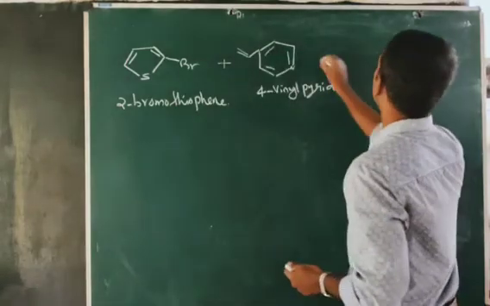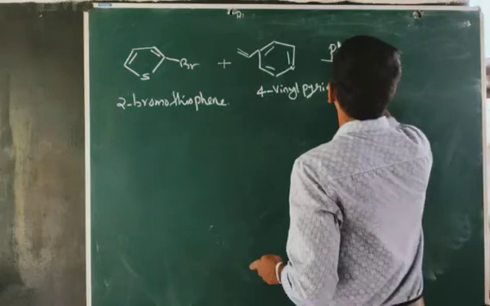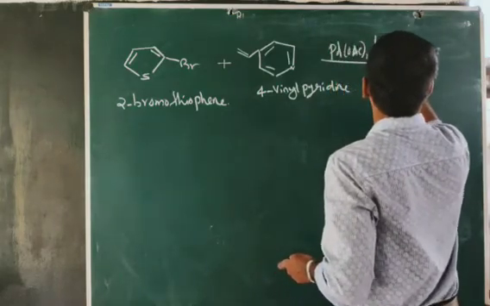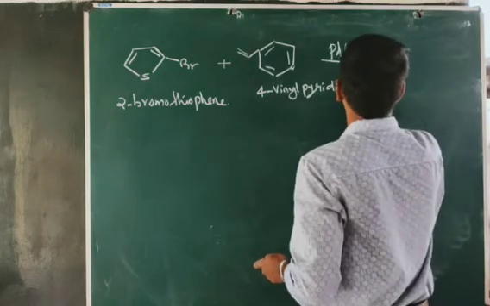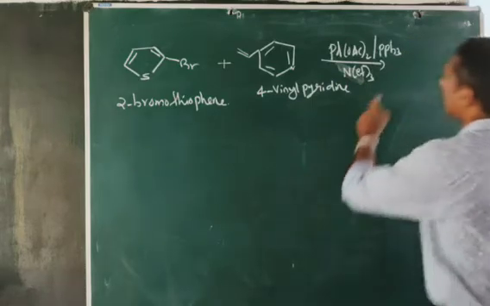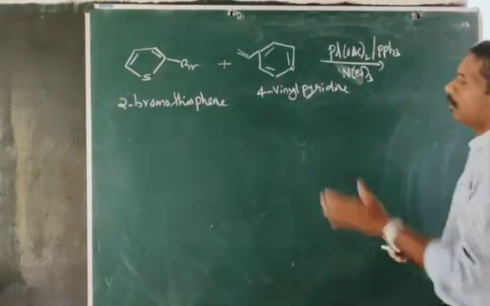And in the presence of, suppose, Pd(OAc)2 and PPh3, followed by the base K2CO3 or NEt3. Triethylamine can act as a base. So what is happening here?